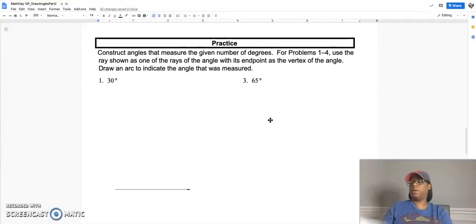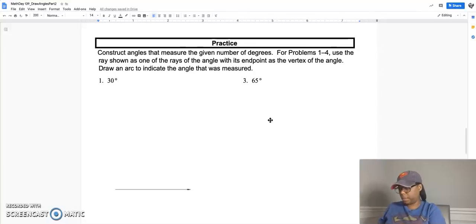So, in a previous lesson, I did show you guys how to create angles, and I'm going to show you how to do that one more time. First, you have to make a base ray, and I'm going to do that.